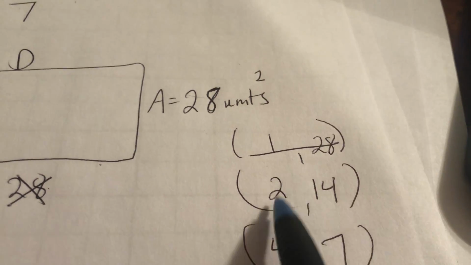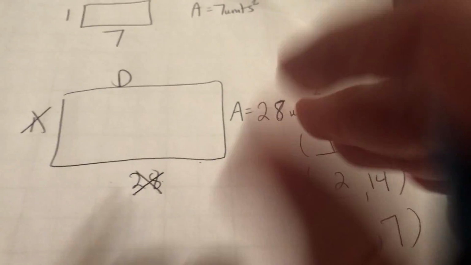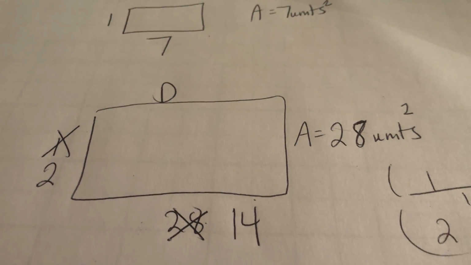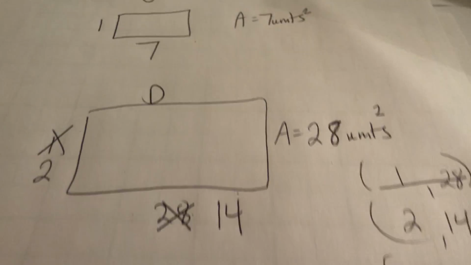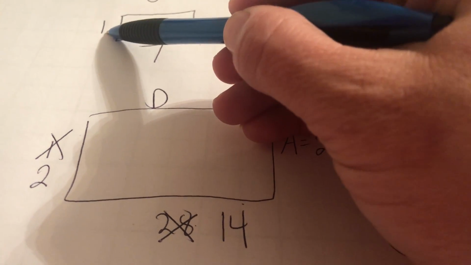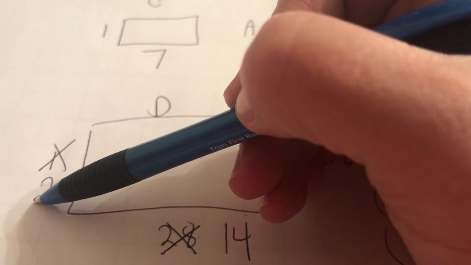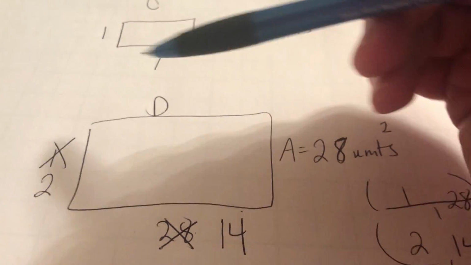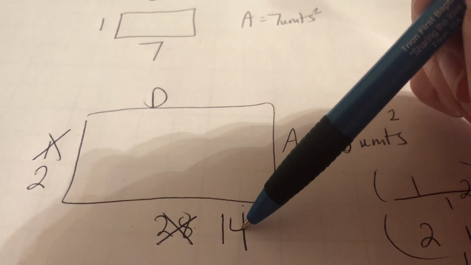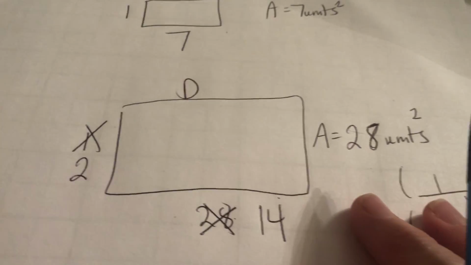Okay, let's see if we could have used 2 and 14. Well, 2 times 14 gives me 28. Let's see what our scale factor could have been. What could I multiply 1 by and get 2? Well, I could times it by 2. What could I multiply 7 by and get 14? I could multiply it by 2 as well.